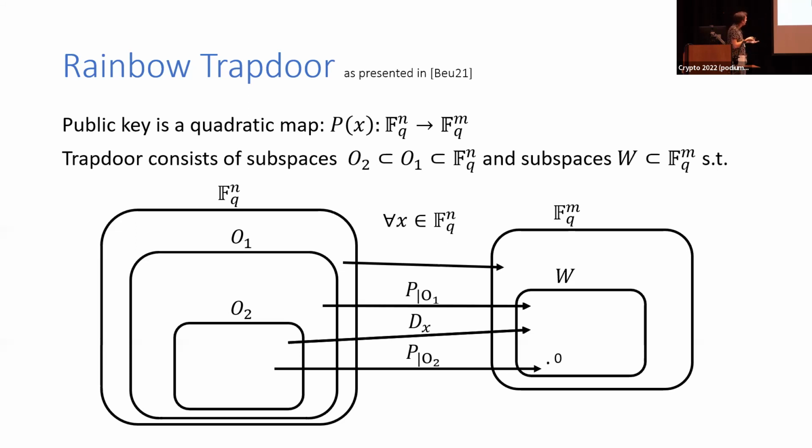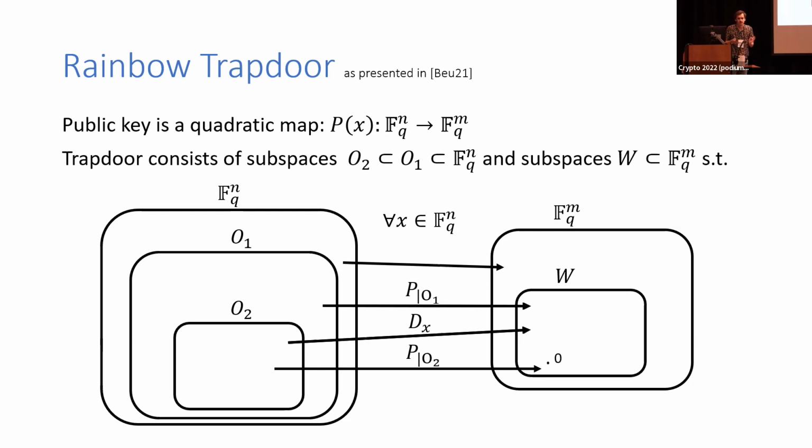So there's three properties, namely it sends O1 to W, it vanishes on O2, and then there's another property involving this differential. Namely, for every point x, we want that the differential at x sends O2 to W. Right, this might seem a bit random for now, but yeah, this is what you need to sample pre-images.